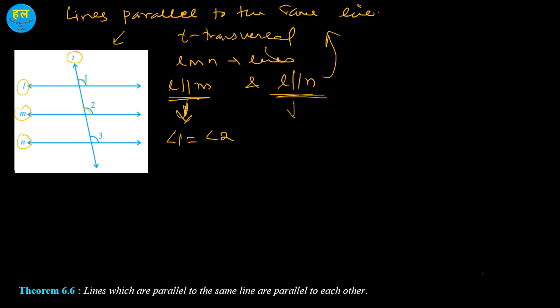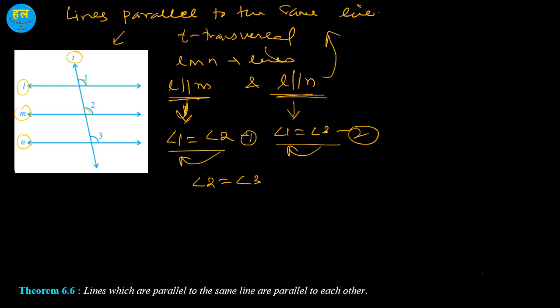And here we can deduce angle 1 is equal to angle 3. We can see here in both equation number 1 and equation number 2 that these angles are equal to the same angle.